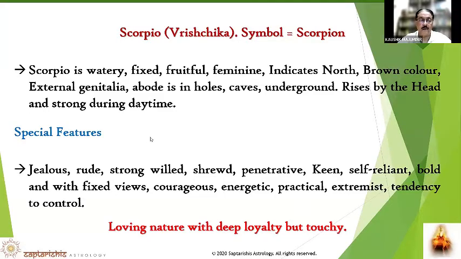So these are more or less the dominating features which at a very preliminary stage we would like you to know about the signs. And the special character is their loving nature with deep loyalty but touchy. So this is basically what Scorpio is.